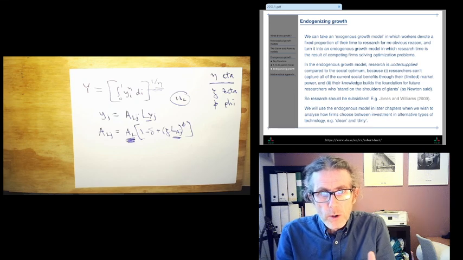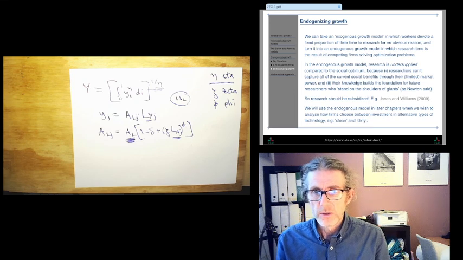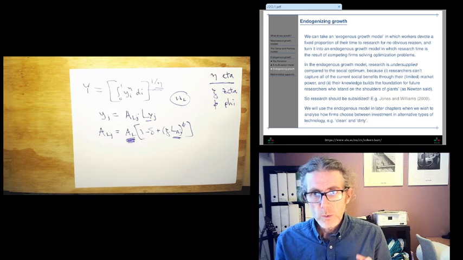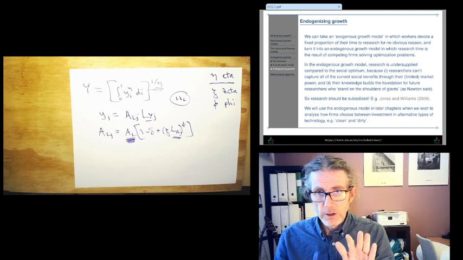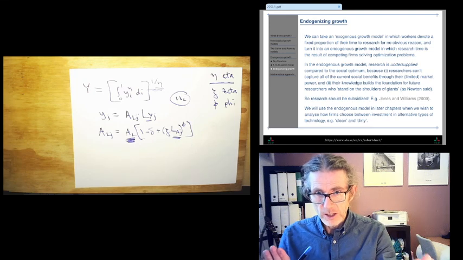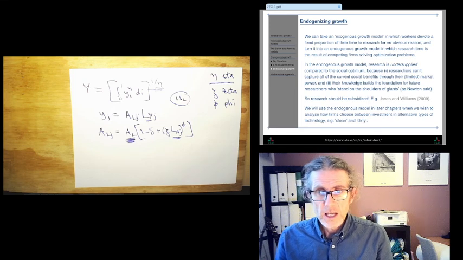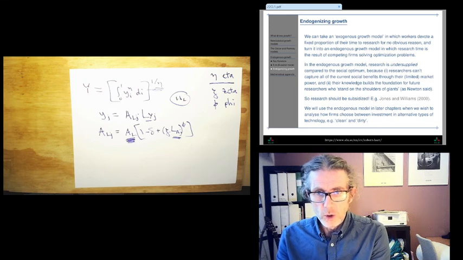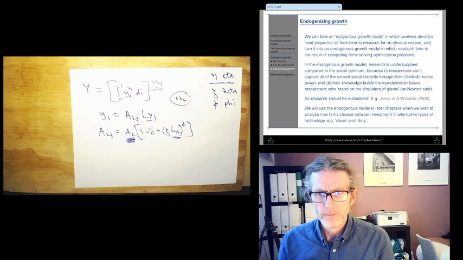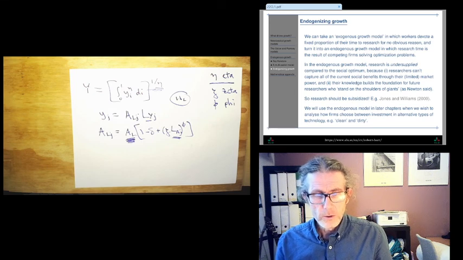But how are we going to use endogenous growth theory? We're going to use the endogenous model in later chapters when we wish to analyze how firms choose between investment in different types of technology. How does a firm choose whether to invest in wind power or coal power, for instance? That is the key use that we're going to put this model to.